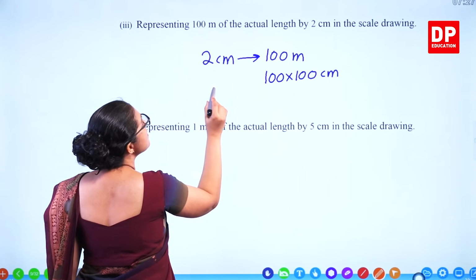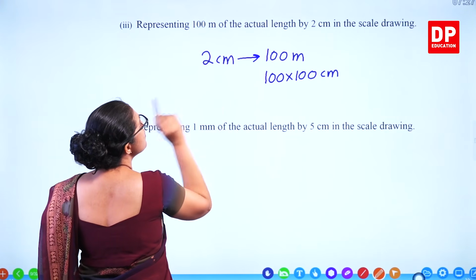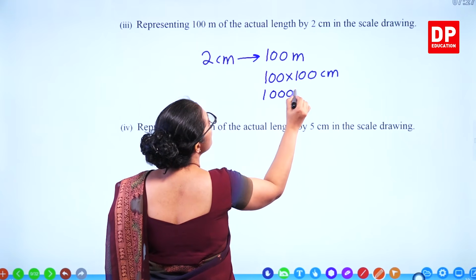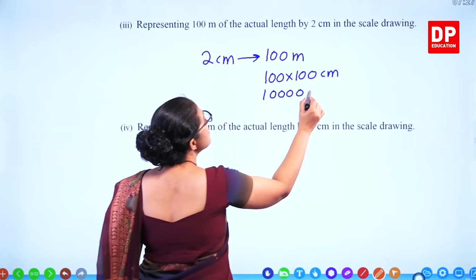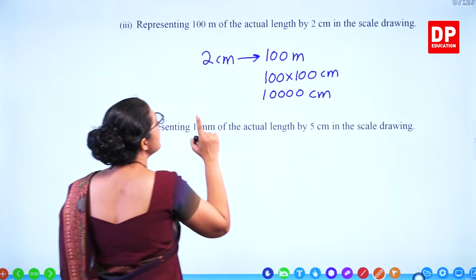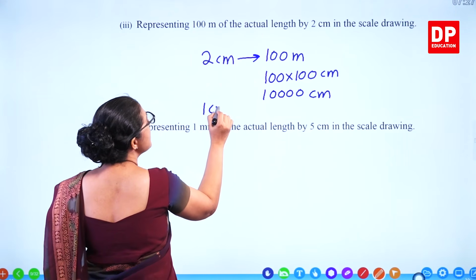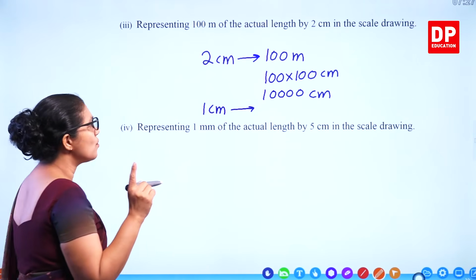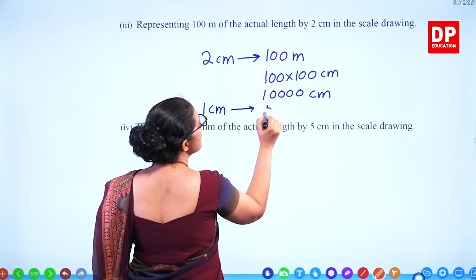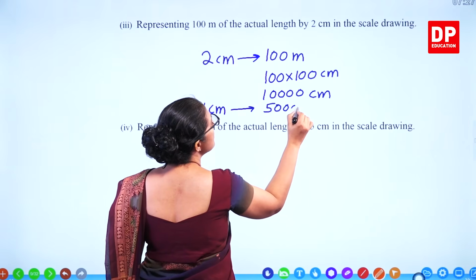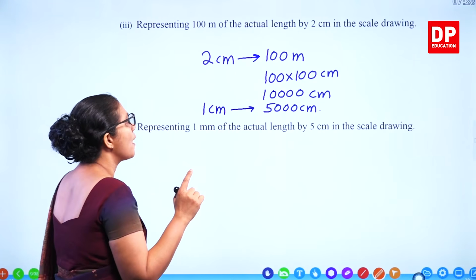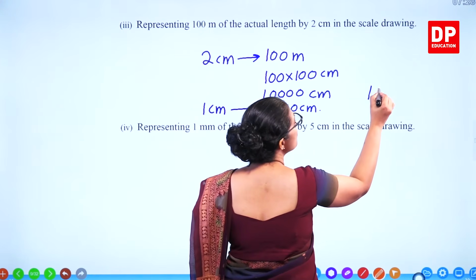So 2 centimeters represent 10,000 centimeters. Now what about 1 centimeter? You have to divide by 2. So you get 5,000 centimeters. So what's the scale now? 1 to 5,000.